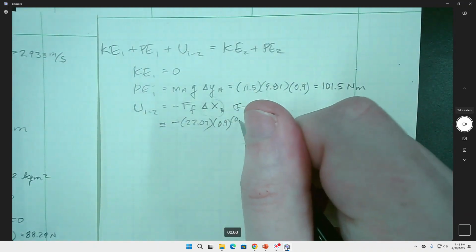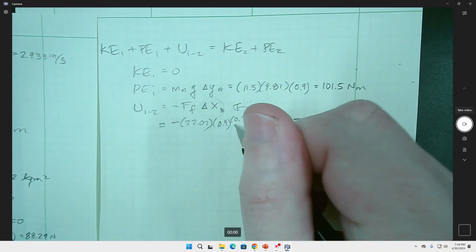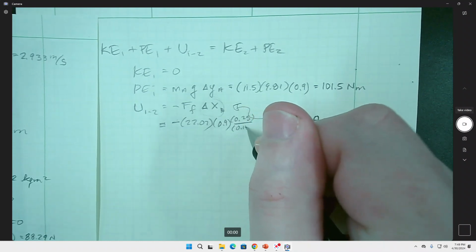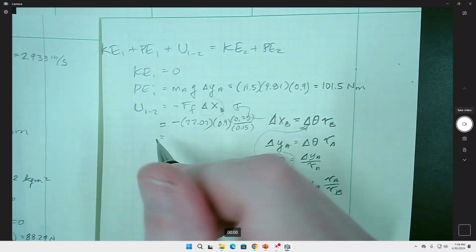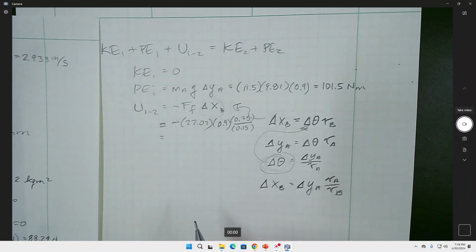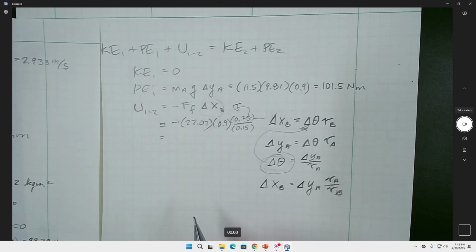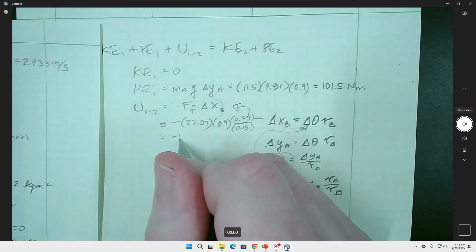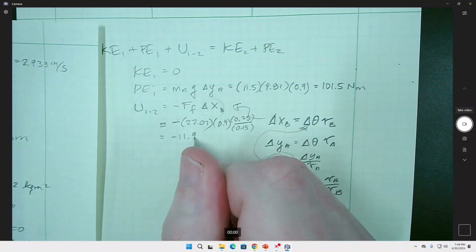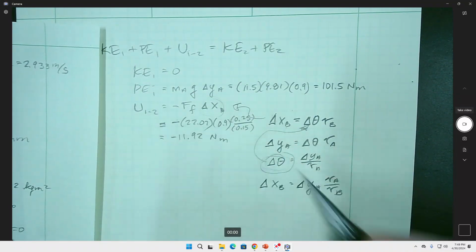I think I got this right. I might have. I'm starting to get nervous. I might have messed the thing up. Yeah, oh yeah, I did it right. Okay, and I think I get negative 11.92 newton meters.